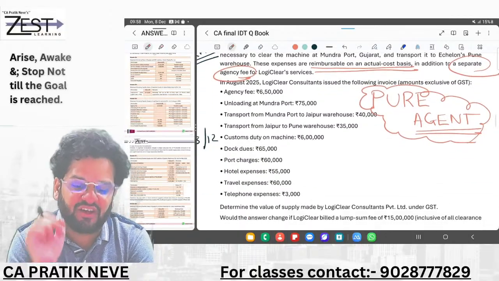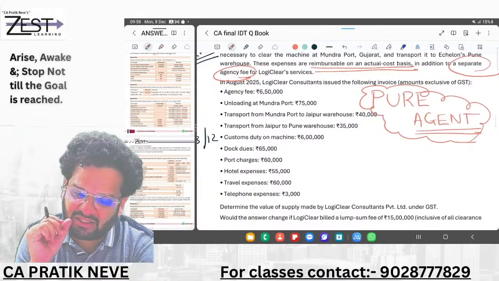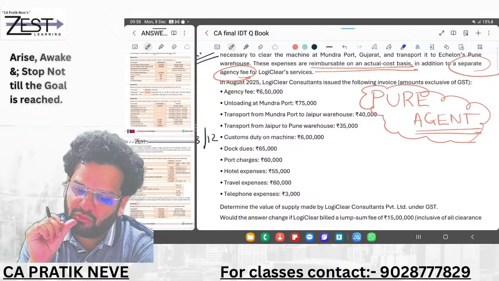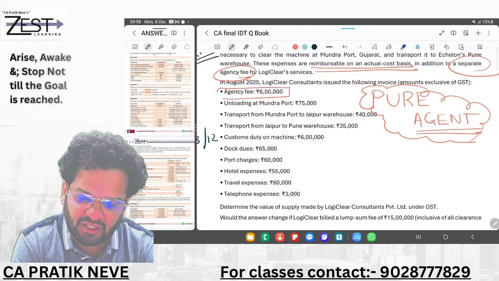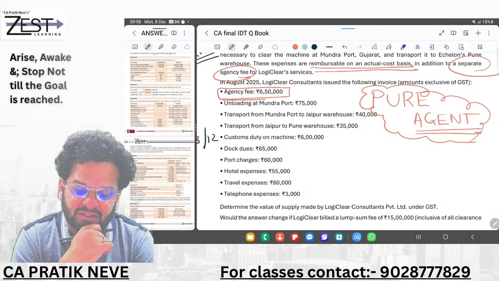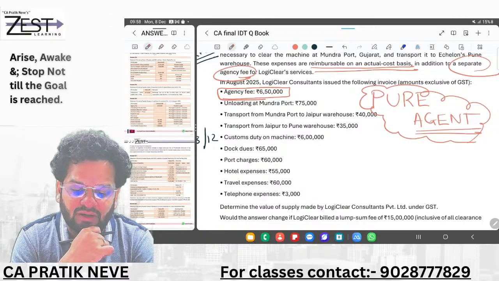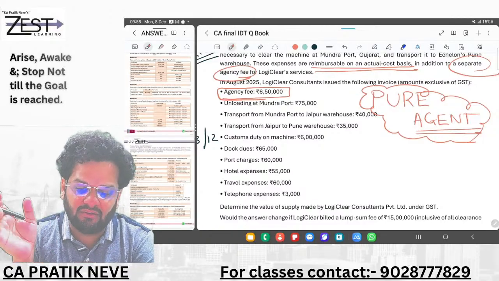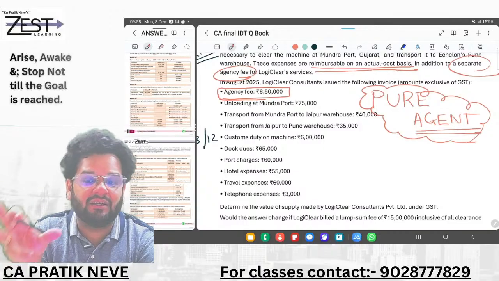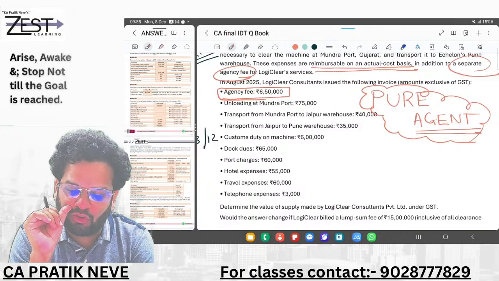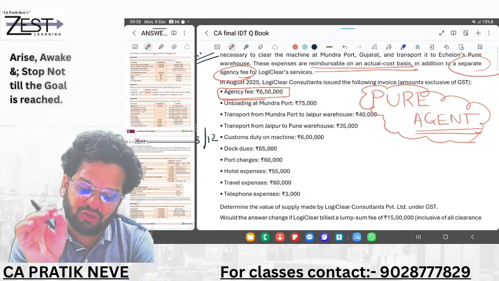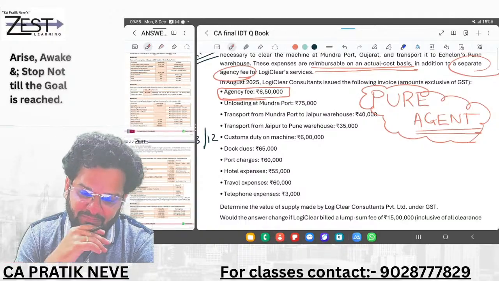In August 25, Logiclear Consultants issued the following invoice: agency fees 650. On this there will be GST. Unloading at Mundra Port, this is done for client and this is reimbursable. Transport from Mundra Port to Jaipur warehouse, this is also reimbursable, done for client.